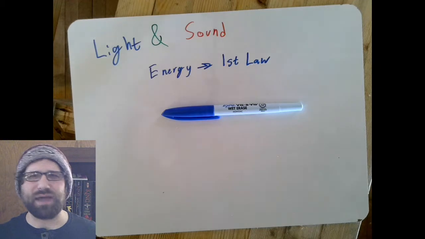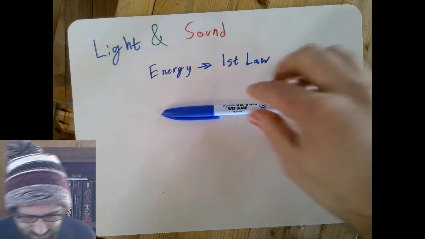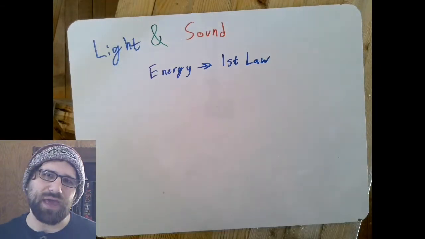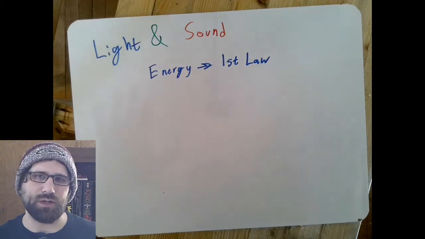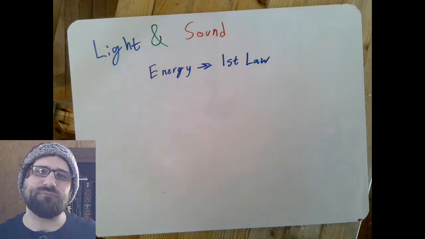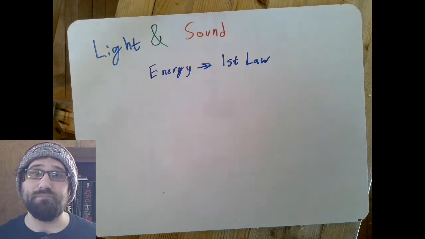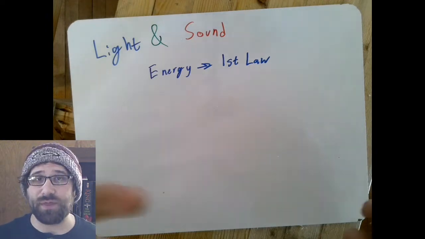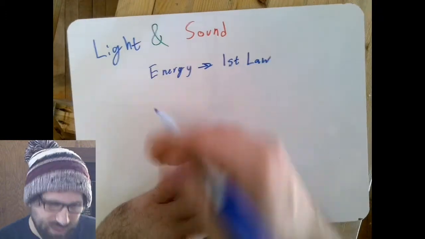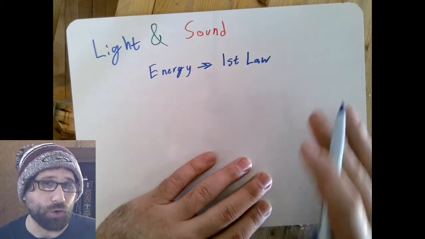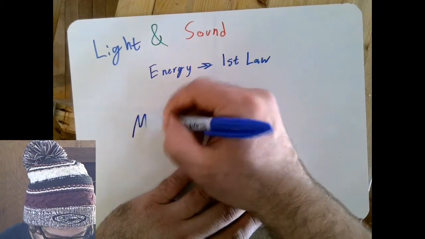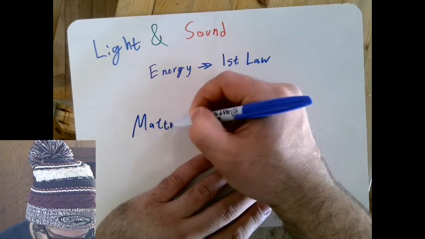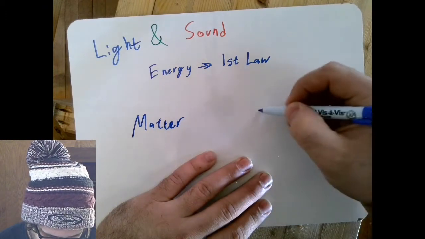What do I mean by independently from matter? Well, we talked a lot about energy in this past unit, and we spent most of our first semester talking about matter. We talked about chemicals, we talked about elements, real physical things. So that's really how we can break up all of physical science. We can talk about matter, and we can talk about energy.